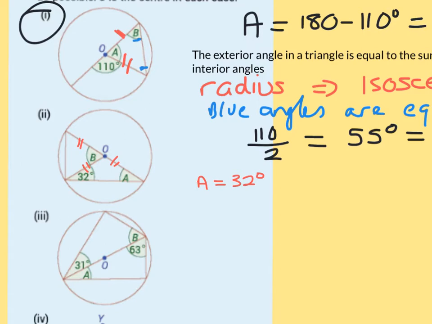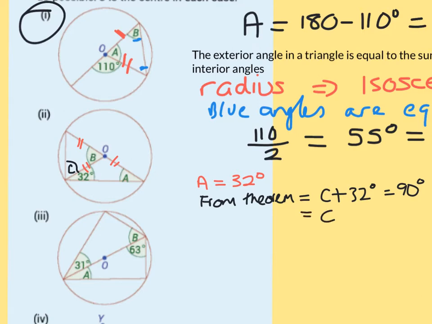Completely up to you. Okay, so I'm going to be a little bit awkward and call this C, and I'm going to use our theorem. From our theorem, I know that C plus 32 degrees is equal to 90 degrees. So 90 minus 32 gives me 58.